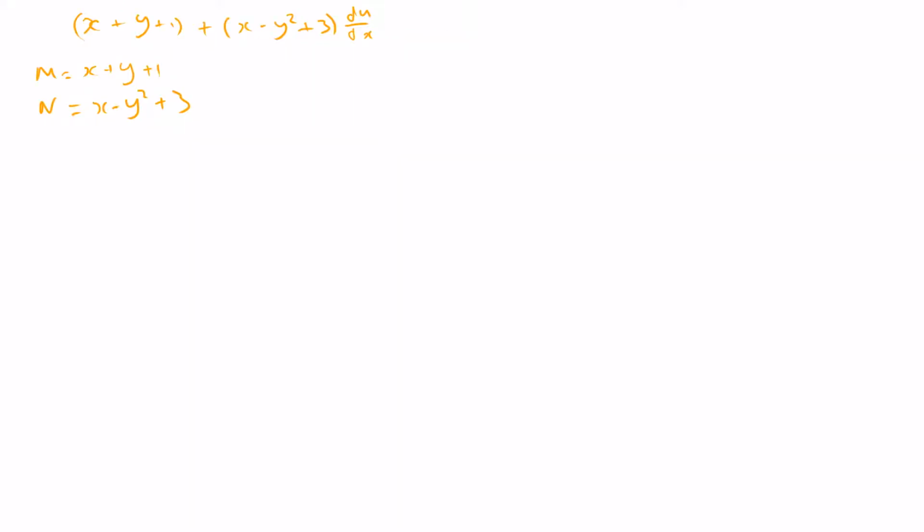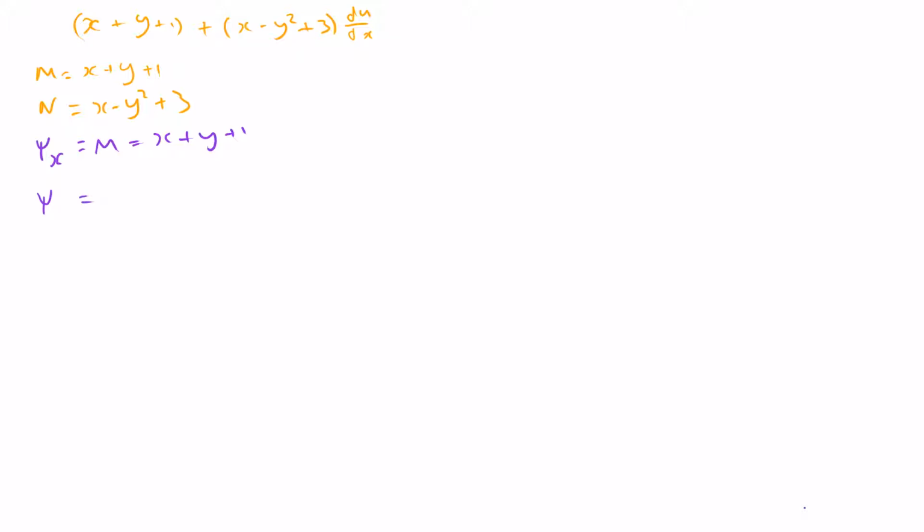Okay, so from here we know it's exact, so we need to find our function psi. We know that psi x is equal to M, which is x plus y plus 1. So if we integrate this with respect to x, we will find psi.